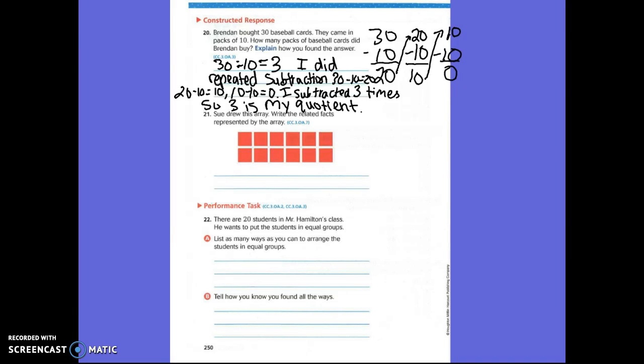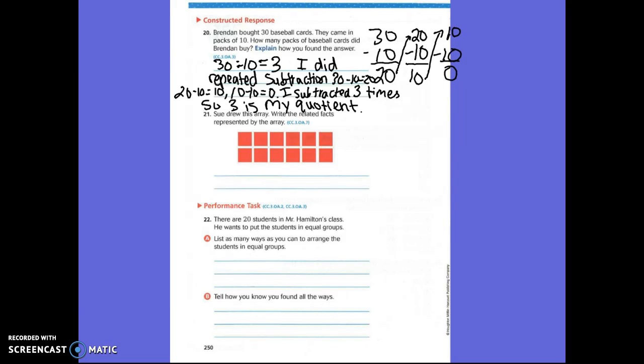Let's read the problem. How many ways can he make 20? Callie, stop. How many ways? Tell me one way to make 20. Jacob.